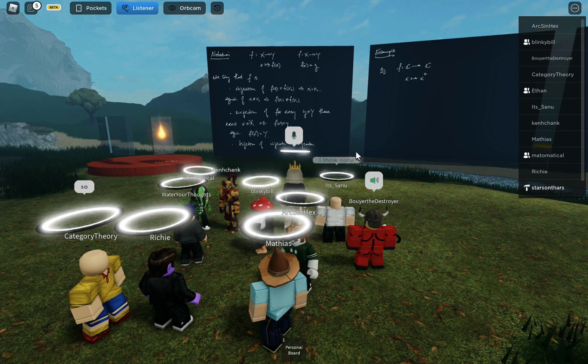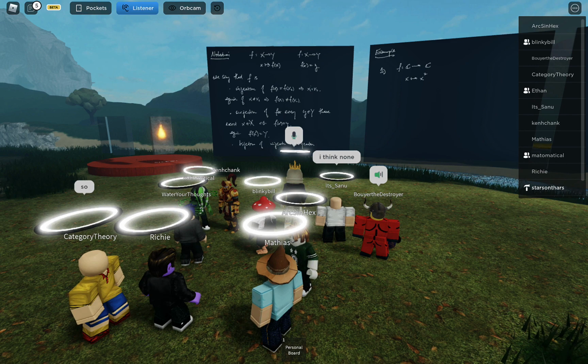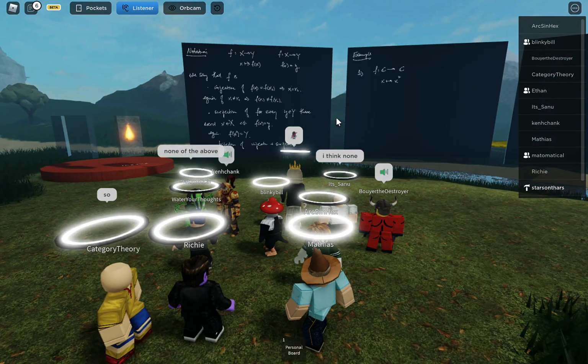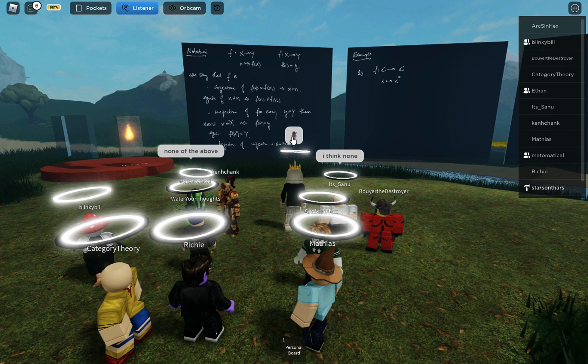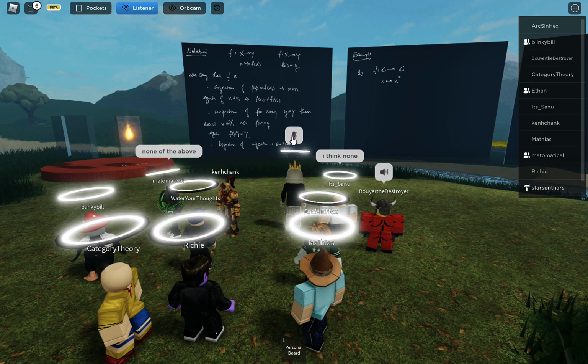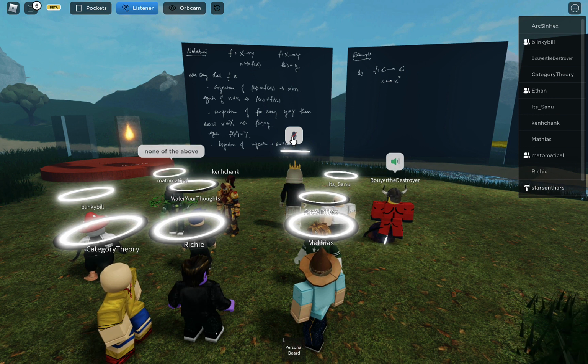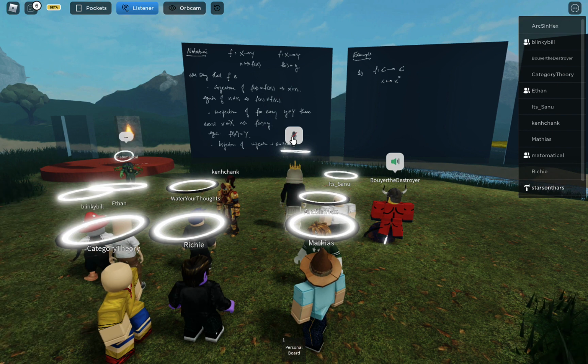Well, it should be neither, right? Or none of them? Because it's not injective because you can have two inputs that map to the same output, like 1 and negative 1. Very good. And it's not surjective because you don't hit negative numbers in the output.